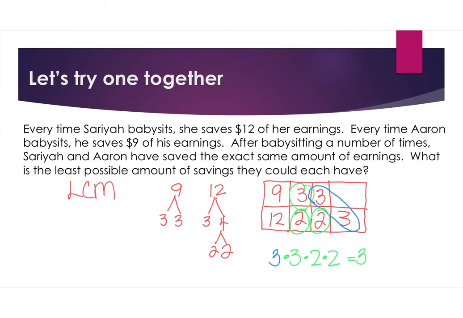So that is 36. My LCM equals 36. So when they have the same amount of savings, they would have at least $36.